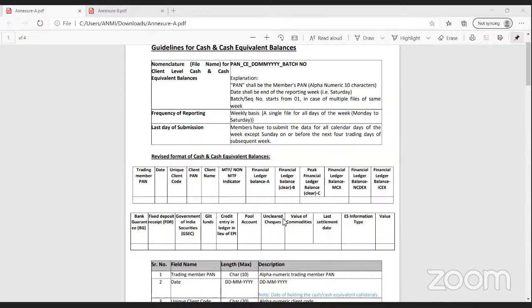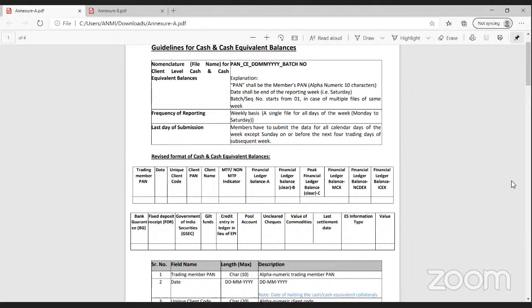Apart from this, there are two additional pieces of information that we are taking, which will help us in discontinuing the weekly monitoring of client funds data that members are currently submitting on every last Friday of the week. So we have kept an early enhanced supervision information type.